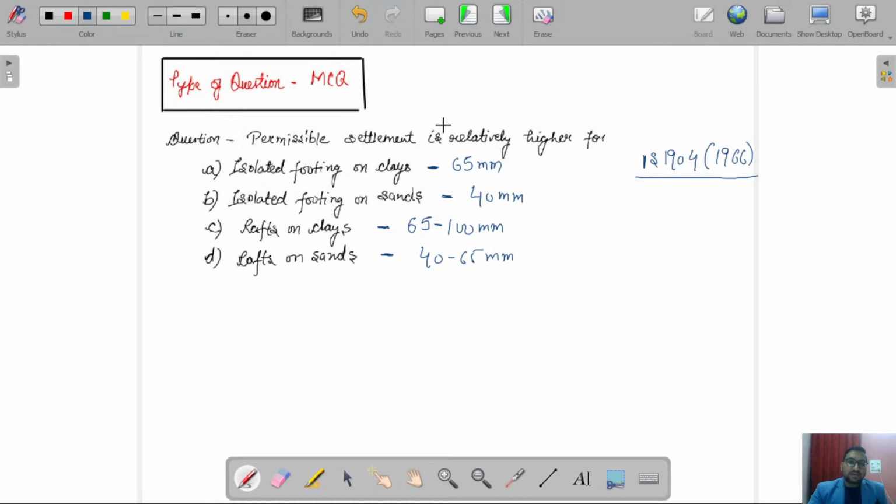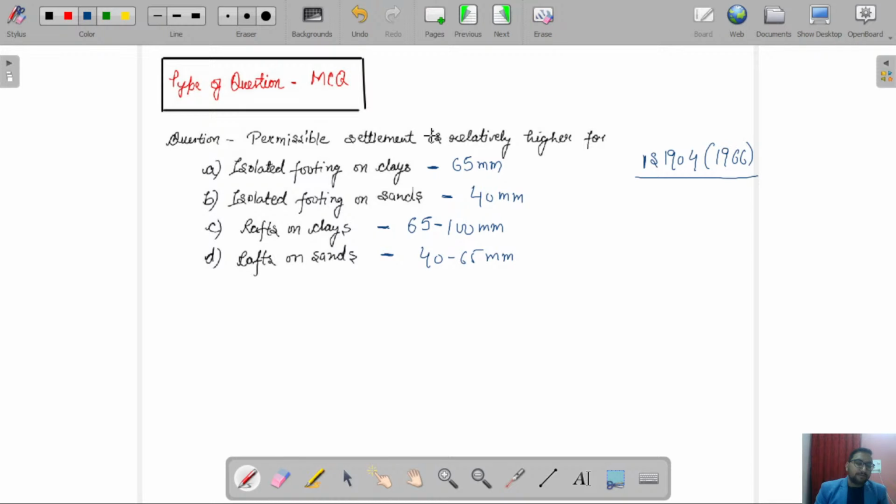Which soil will have more permissible settlement? Which settles more or which settles less? Suppose you are the authority who is going to make this IS code.